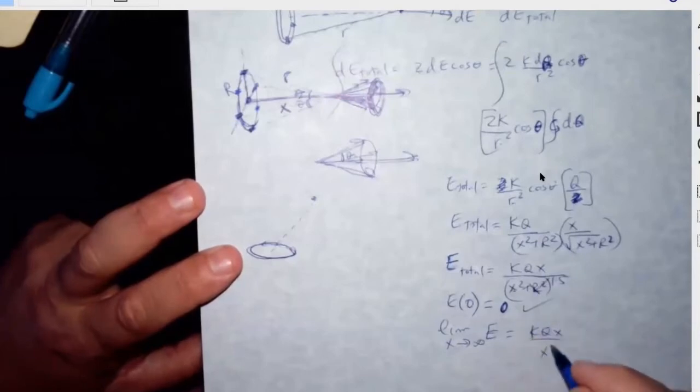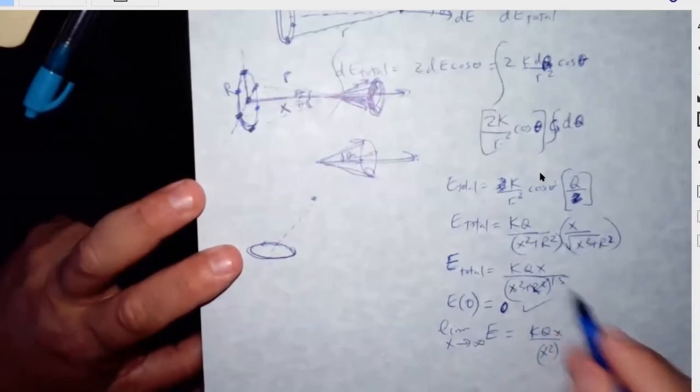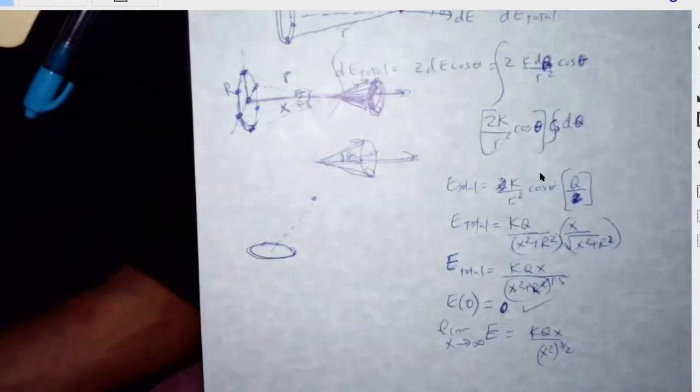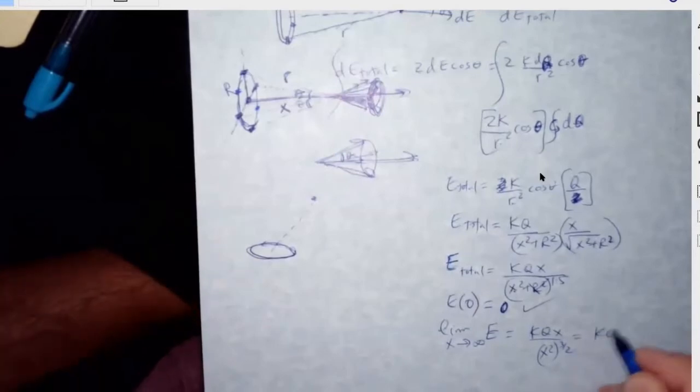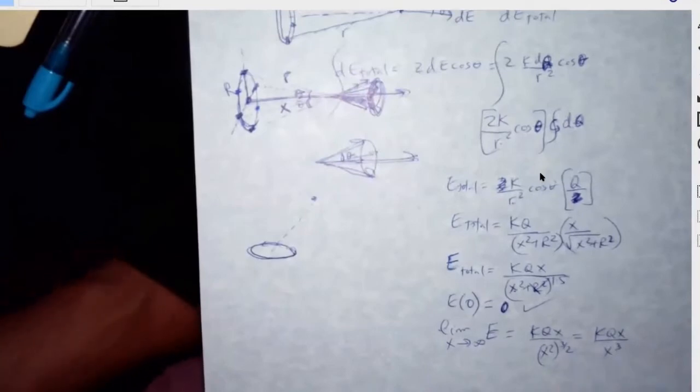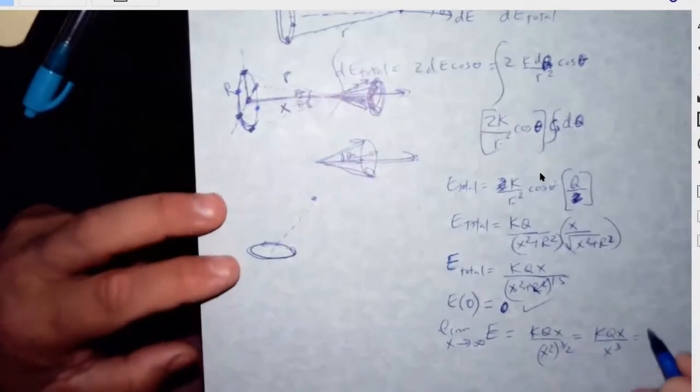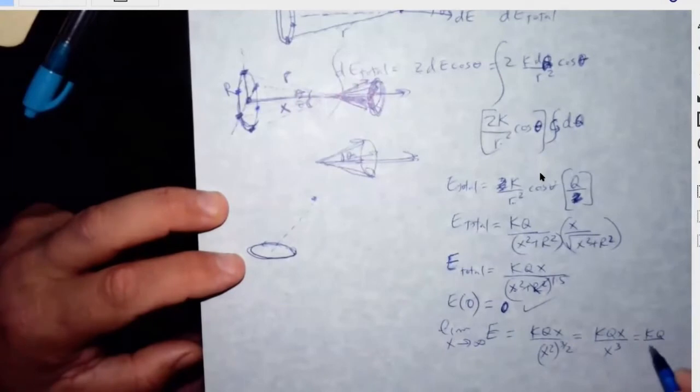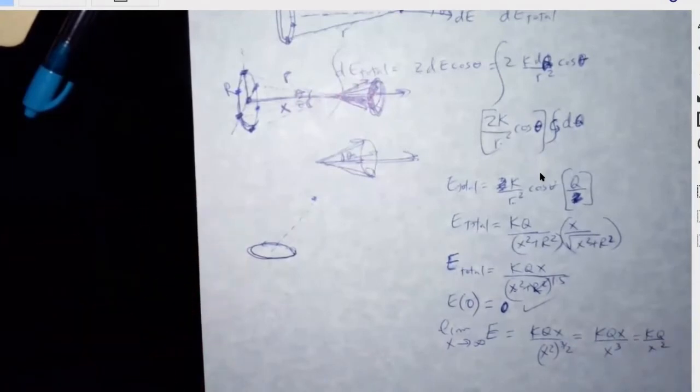Then you have (x squared) to the 3/2 power, and then you have kQx over x cubed. Aha, the famous equation, kQ over x squared. So you see the electric field of a ring begins to look like a point charge.